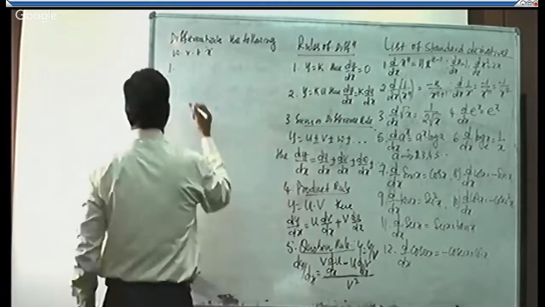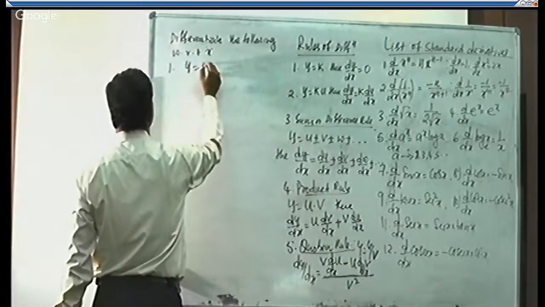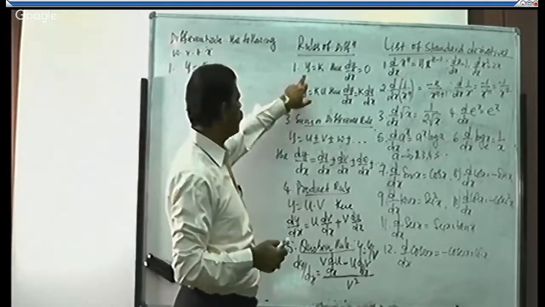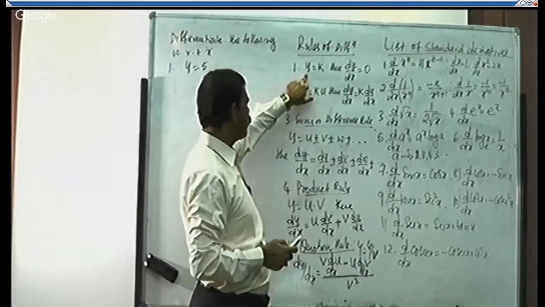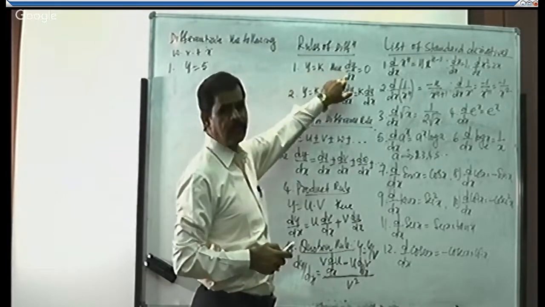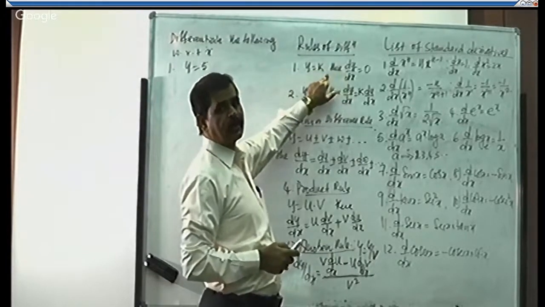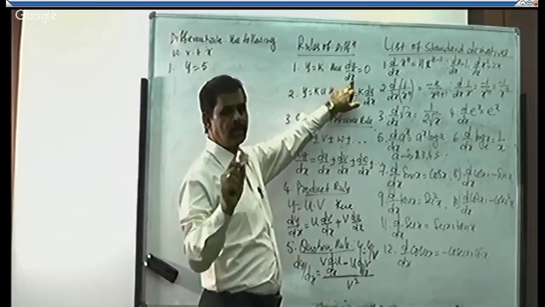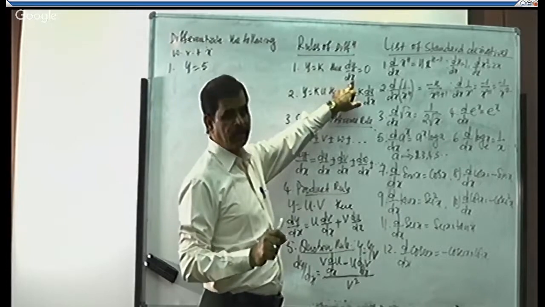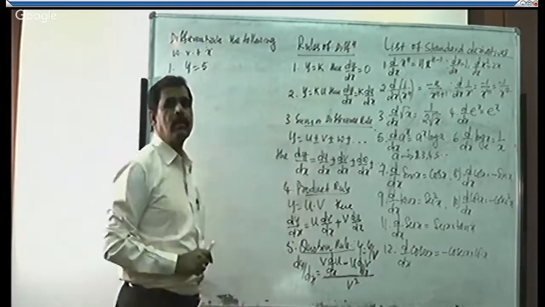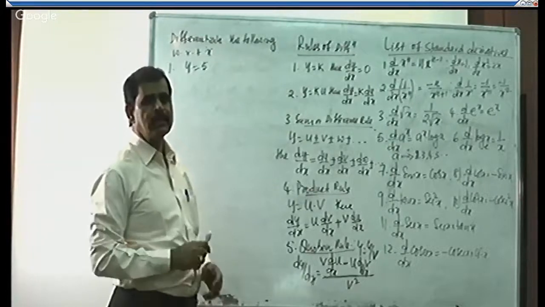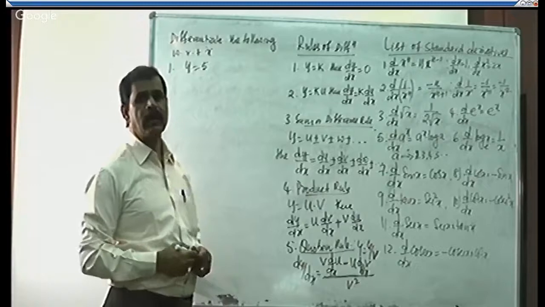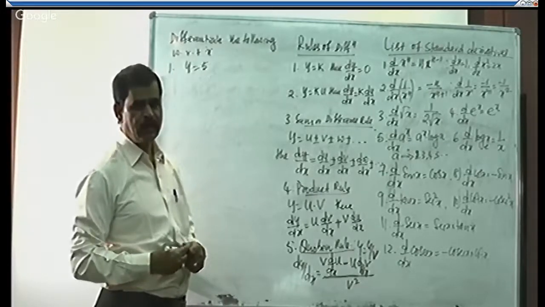First rule, y is equal to some constant 5. Here, what the first rule states: differentiation of any constant is 0. Which are the constants? The terms which do not have x are all said to be constants: numerical values, algebraic terms other than x, trigonometric constants, exponential constants, like that.